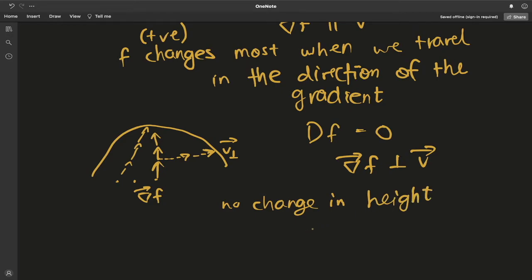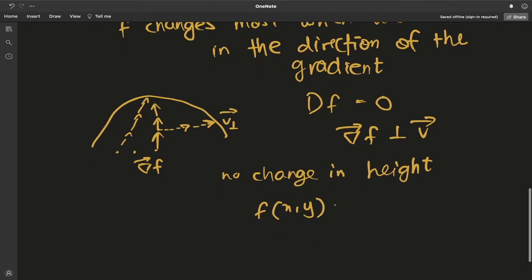And since there's no change in height, there's a constant z. Assuming this hill function was something like this, since there's no change in height, it's equal to some constant, say c, which means this is along the level set at that height. So v perpendicular is along a level set.